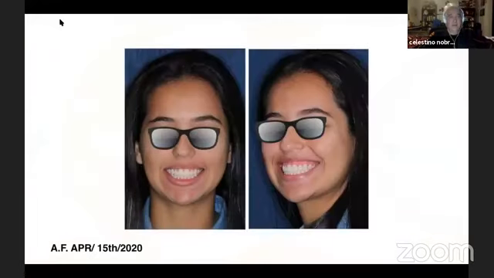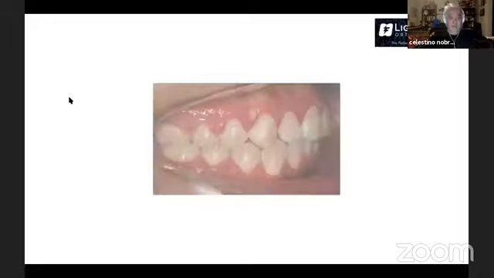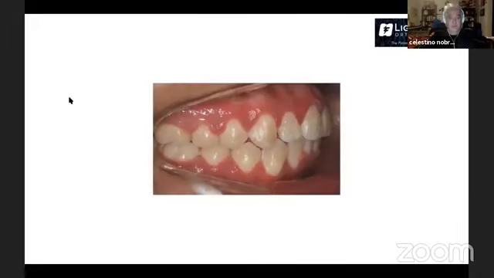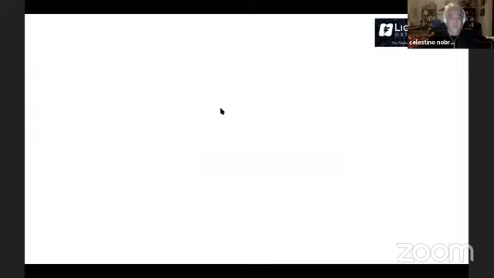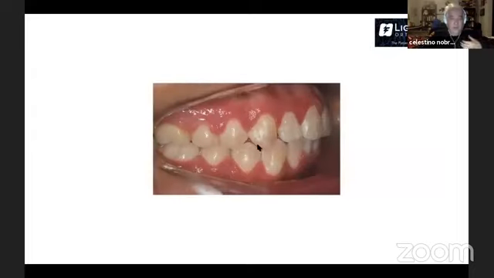Amazing, amazing. So again, this is a journey. We are just starting the journey. The system is not perfect yet. From here to here, you see this little window here in the class 2. I don't like this because, you know, I'm an orthodontist. I need details. But take a look at this.